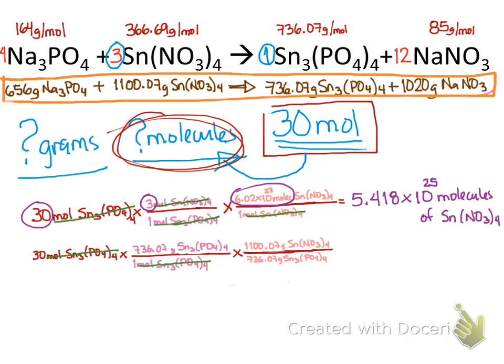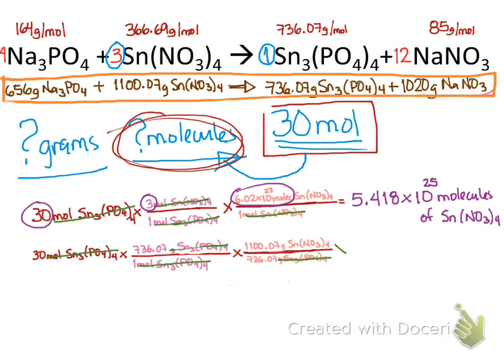Okay, what will I cancel here? You will cancel the tin phosphate with the tin phosphate. Now I have grams of tin nitrate. How can I transform the grams of tin nitrate into molecules of tin nitrate?